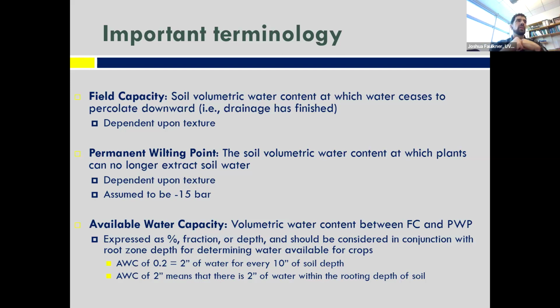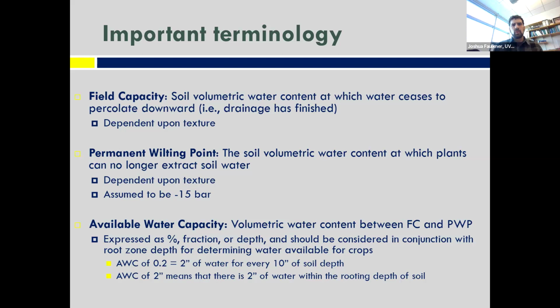That's our permanent wilting point, the point at which plants can get no more water out of the soil. The water between field capacity and the permanent wilting point is the available water capacity of the soil, and this is highly influenced by soil texture.